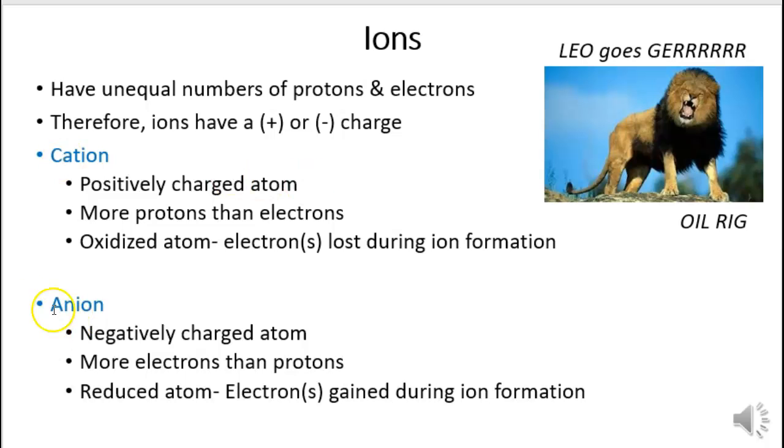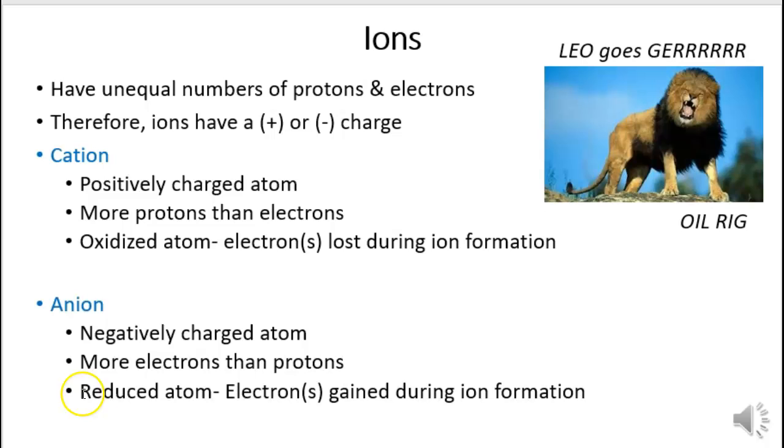An anion is a negatively charged atom. It has more electrons than protons. Now, the process by which an atom becomes either a cation or an anion has a term. So oxidation is one and reduction is another term. So an atom that becomes oxidized has lost an electron, forming a cation.